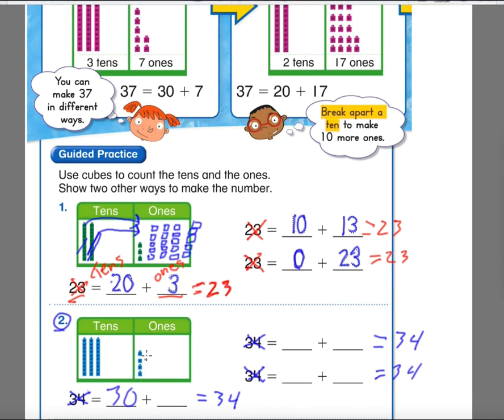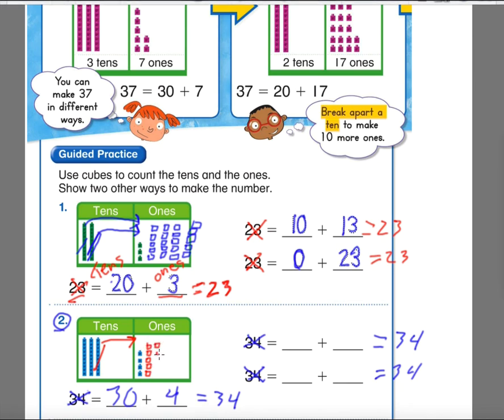Or we could, for our next one, we could say, you know what, let's get rid of this 10 rod, and we're going to bring it over here and break it up into ones. And then we can make 10 ones, right? It's 4, 5, 6, 7, 8, 9, and 10.